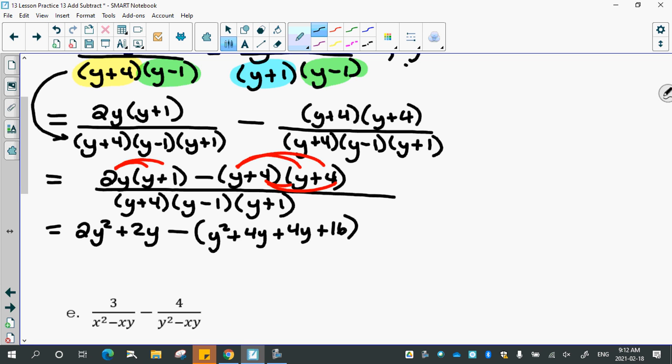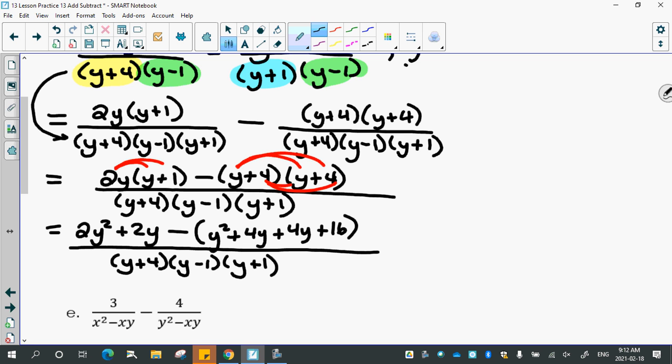There's my first step towards expanding and simplifying. And then I still have the common denominator, y plus 4, y minus 1, y plus 1. Then I'm running out of room, so I'm going to arrow up here. So I'm on this stage here.